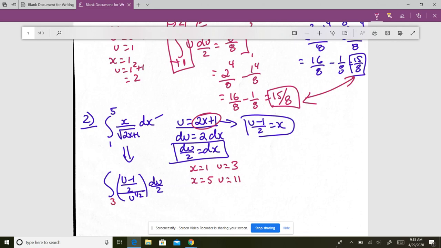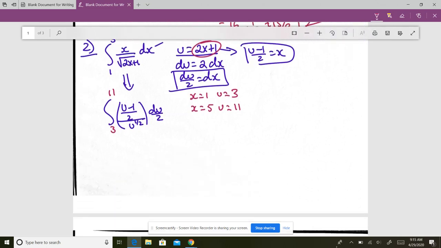So the bounds change from 3 to 11. All right, so now we're going to solve this integral. Let me clean this up a bit, though, because it's pretty ugly. So the integral from 3 to 11 of (u minus 1) over 2, over u to the 1 half, and du over 2.